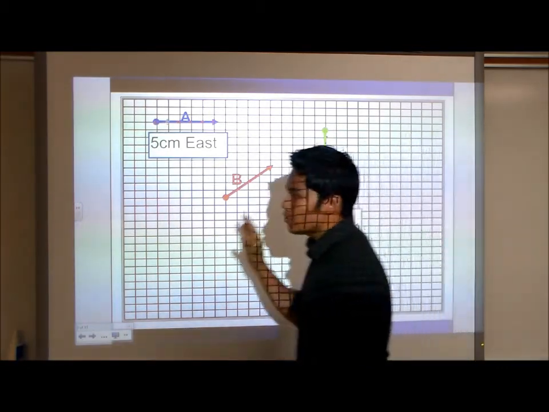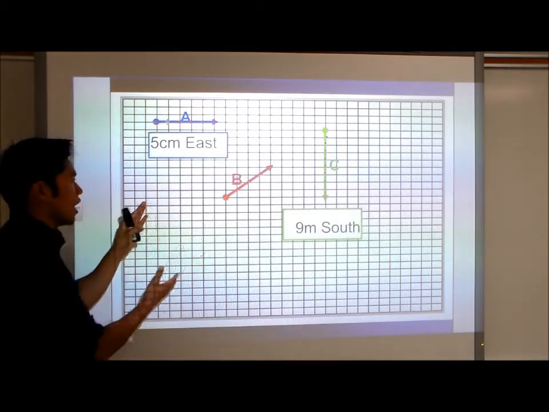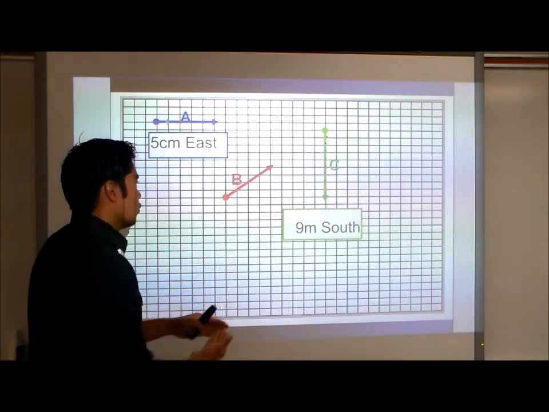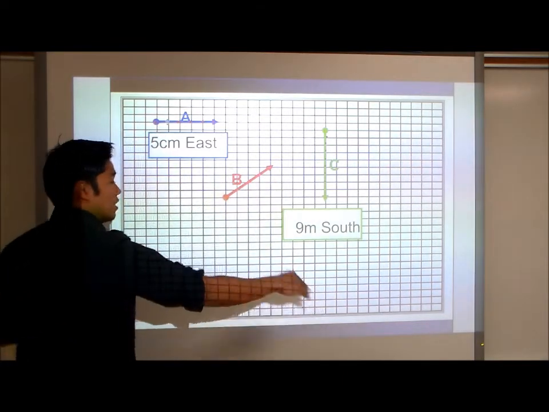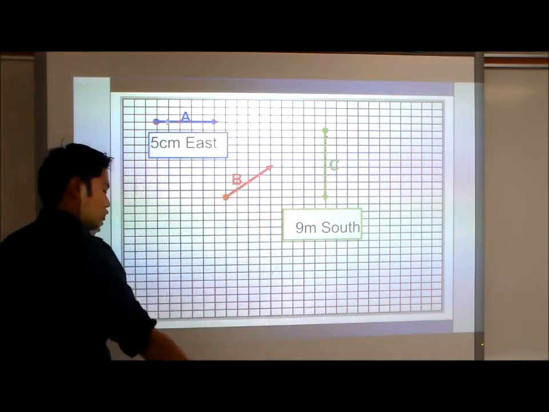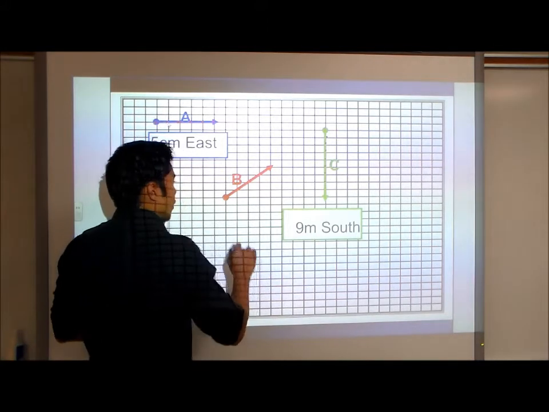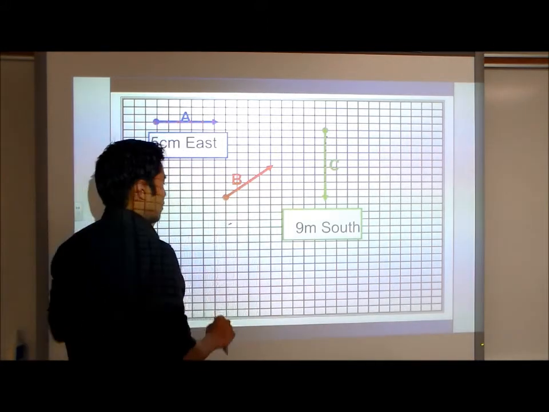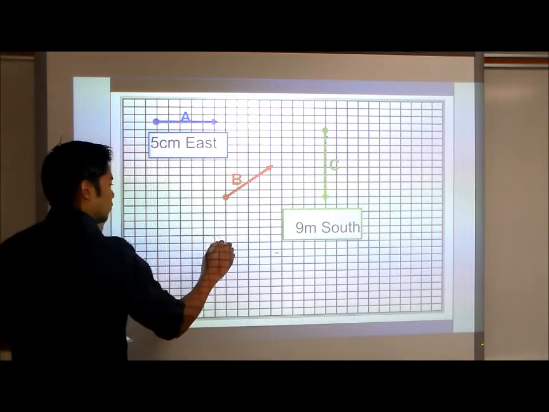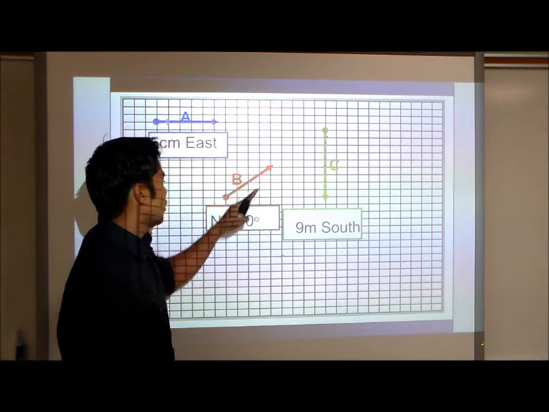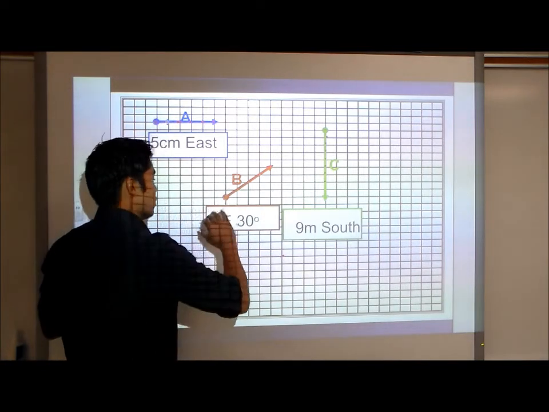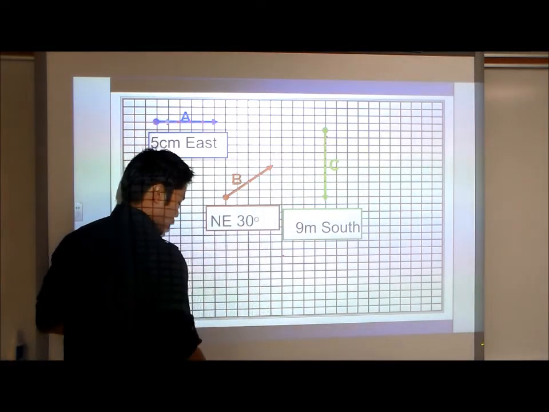What's interesting here, though, is the diagonal vectors. They can go diagonal this way, that way, southeast, northwest, all over the area. We focus mainly on an angle, and for this particular one, the information given to us is northeast 30 degrees.